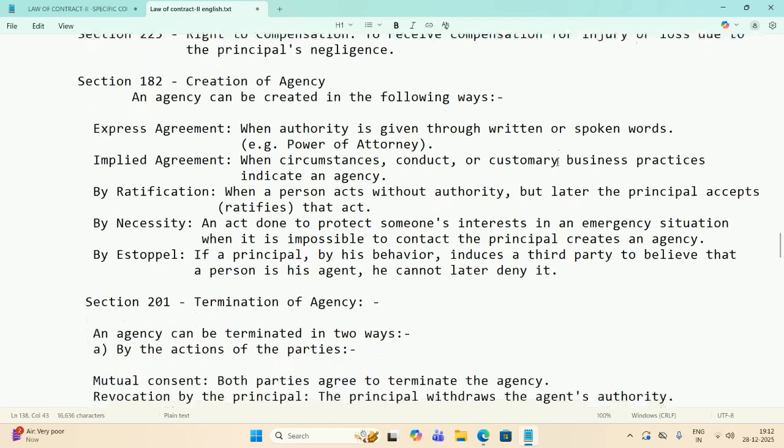By ratification, when a person acts without authority but later the principal ratifies that act. By necessity, an act done to protect someone's interest in the emergency situation when it is impossible to contact the principal creates an urgency. By estoppel, if the principal by his behavior induces a third party to believe that a person is his agent, he cannot later deny it.